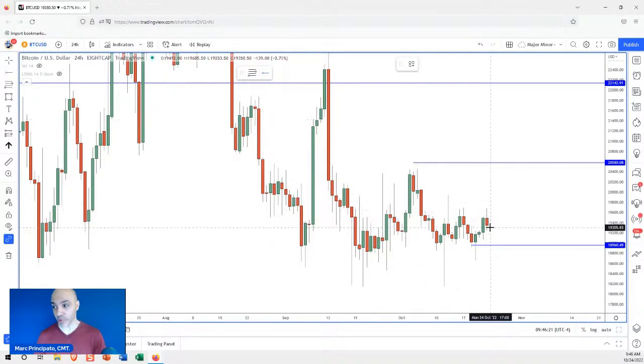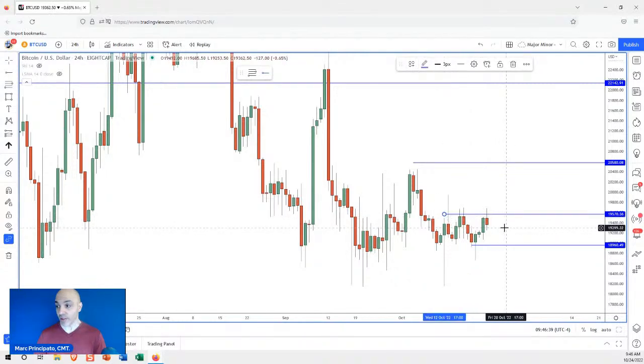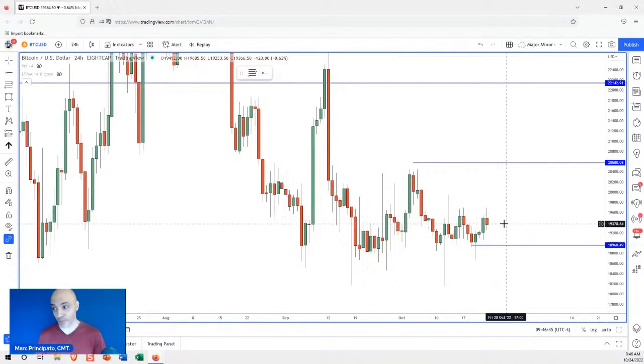If this thing closes like this and takes out this current low, this pin bar low, then you have a new swing trade sell signal, which will basically have the same stop loss and profit target as my original idea, which I'm not going to mention here, okay? You guys can go to the chat, you can go look in the signal channel, and you'll see all the information there.